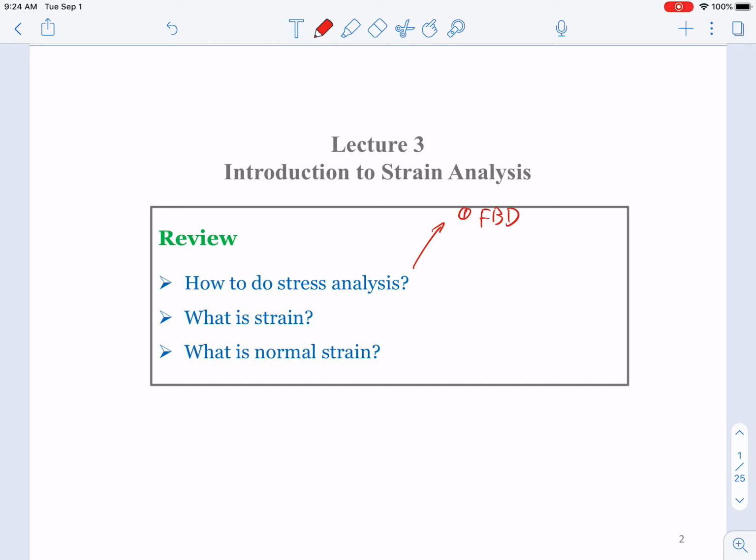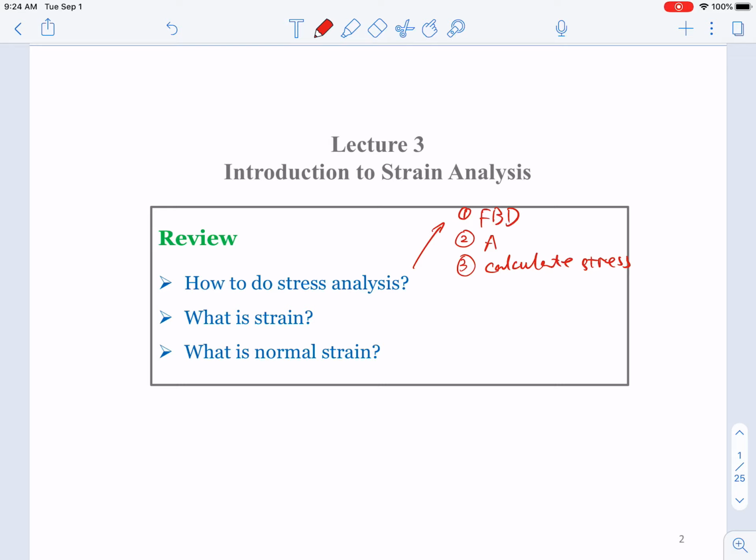Use that, you can calculate the internal forces. Then second step, you calculate A. And third step, just calculate stress, use internal force over A. Those are the 3 steps to do stress analysis.